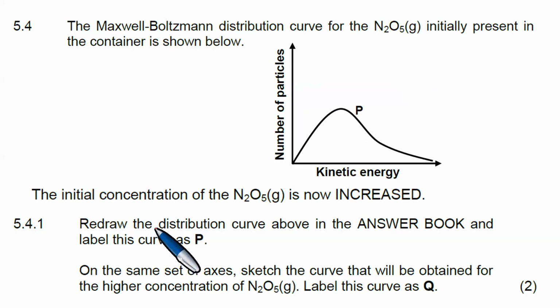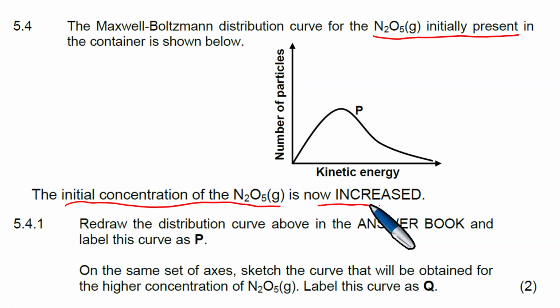Remember, this is the Maxwell-Boltzmann distribution curve for the N2O5 initially present in the container. This is the graph. The initial concentration of N2O5 gas is now increased. Somebody says, hang on, it is there, but it's being increased.